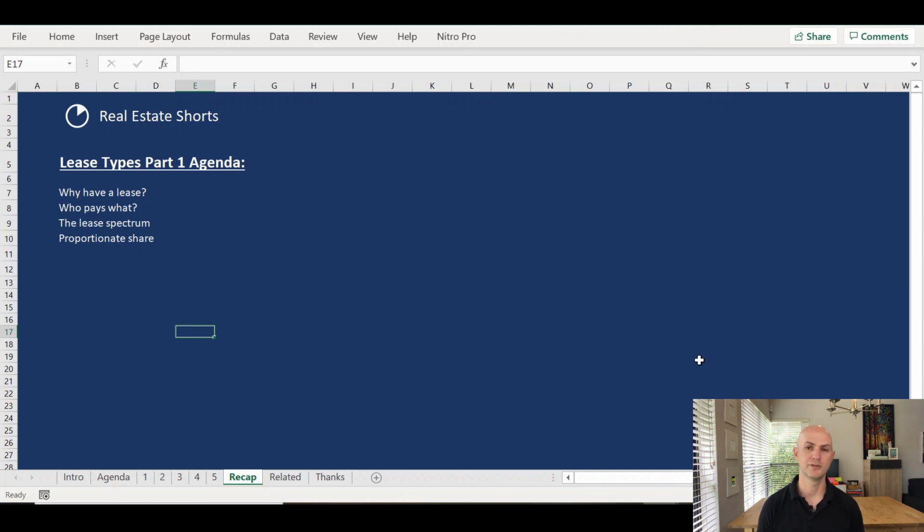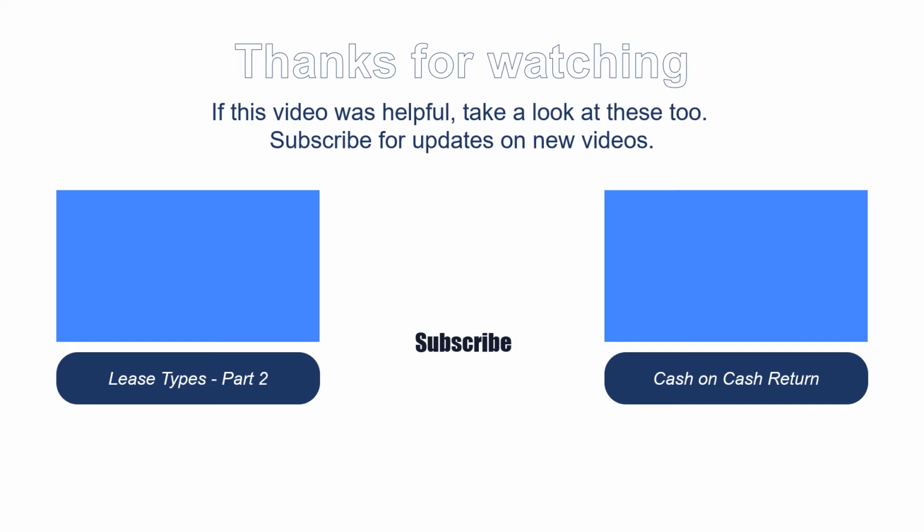We ended with pro rata share, and from here we'll certainly build up into the more complicated lease types, the more nuanced lease clauses and applications, so that we can begin to round out the global topic of commercial leases.